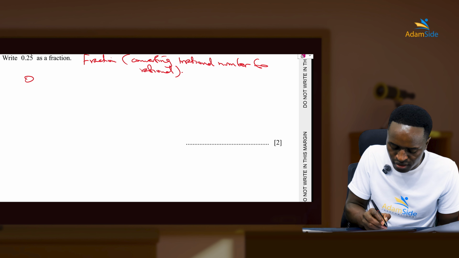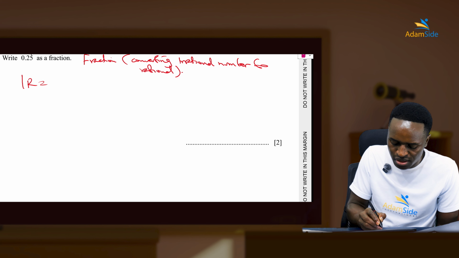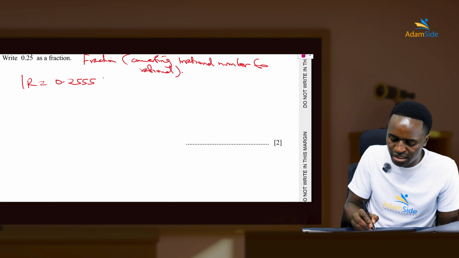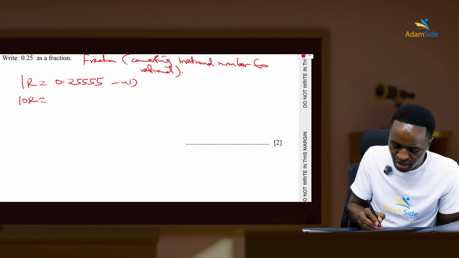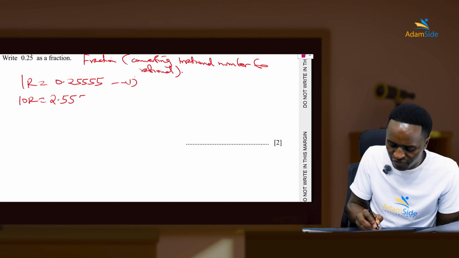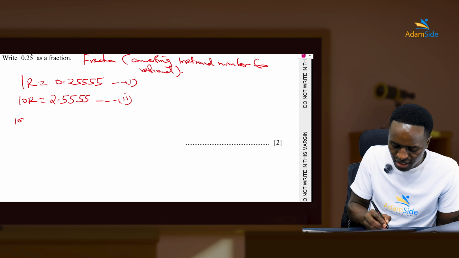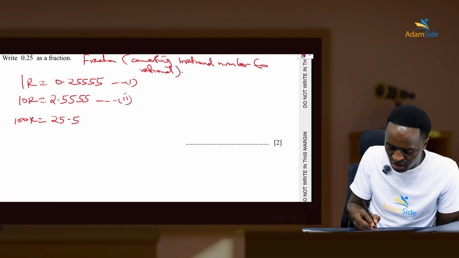So we say R is 0.2555... The idea is to get rid of the recurring part, which is 5. Multiply by 10: 10R is 2.5555..., equation 2. Multiply by 10 again: 100R is 25.5555..., equation 3.